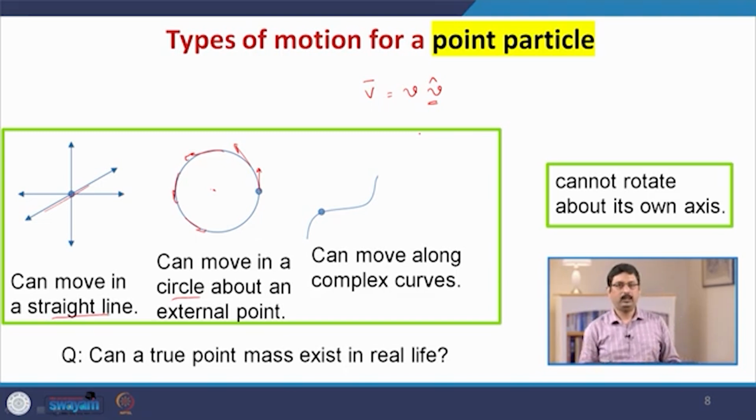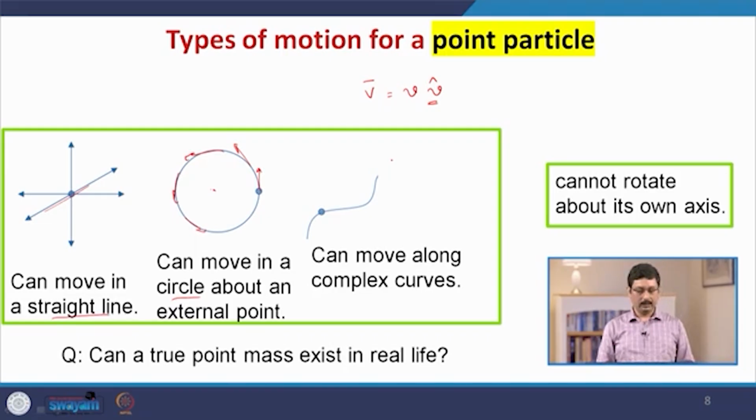and then you can think that there could be a more complicated path that the particle can move along, which can perhaps be thought of as a combination of a straight line movement and a movement in a circle. So, this is an example which can be analyzed as a combination of a movement along a straight line and then along a circle.